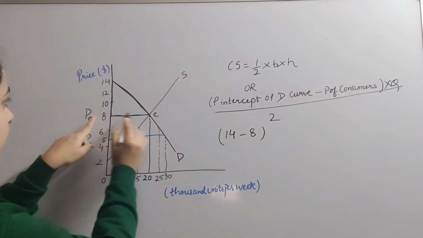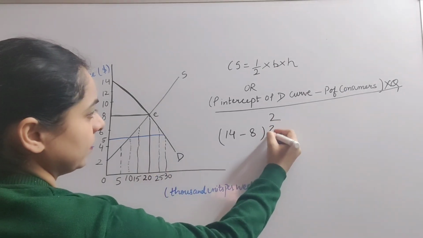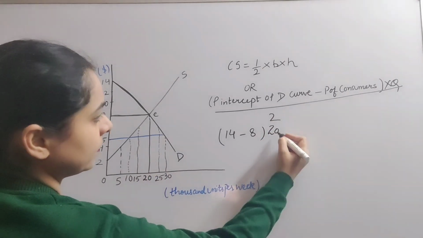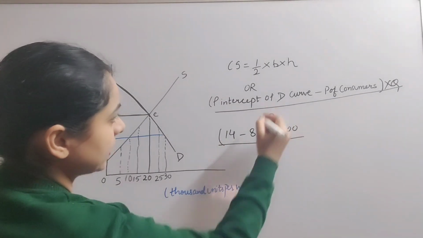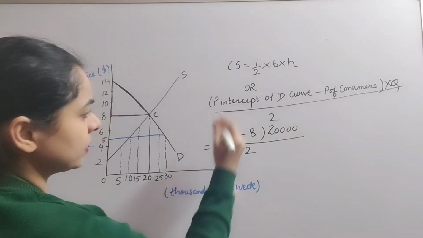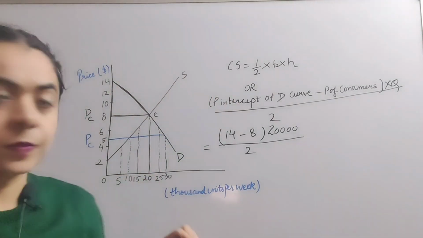So at this price 8, the quantity is 20,000 units, divided by 2. So this way we can find consumer surplus.